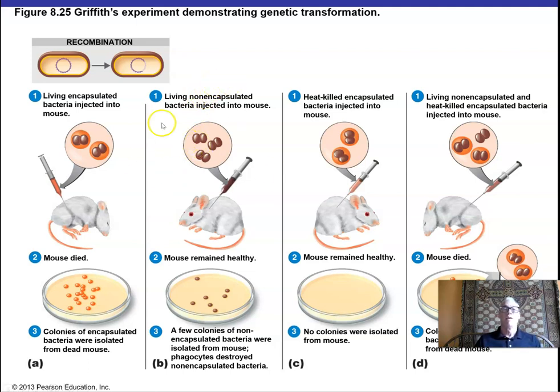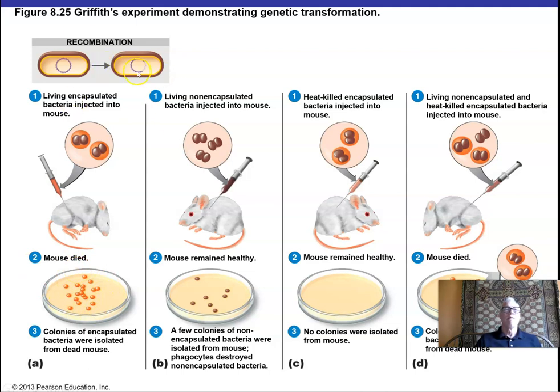Streptococcus pneumoniae is a bacteria that, when it has a gene to make a capsule, can cause pneumonia, can cause disease. If it doesn't have the gene to make the glycocalyx, that polysaccharide capsule, it's harmless. The immune system can whip it. And so this genius scientist showed that if you injected the capsule-containing Strep pneumoniae, am I saying that right?